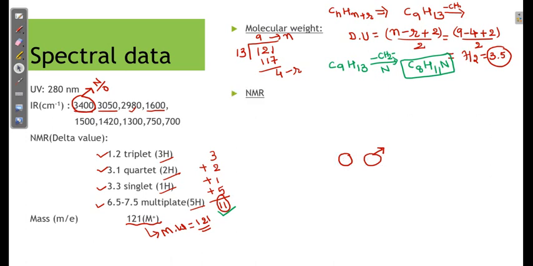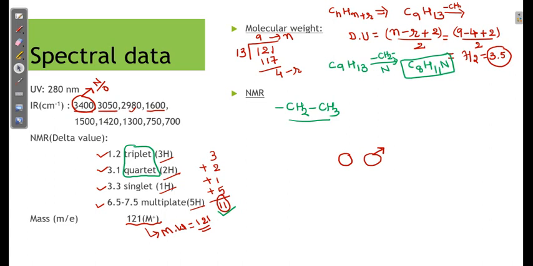In the NMR, we are getting a triplet and quartet. It means the ethyl fragment is there. This fragment is always present if 3H is a triplet and 2H is a quartet.